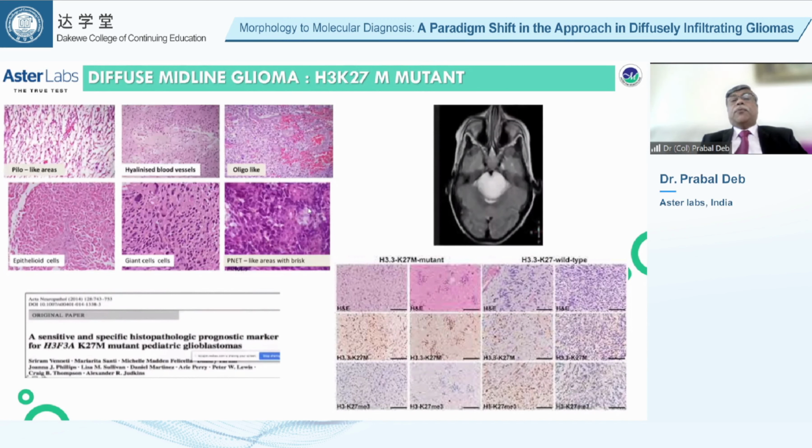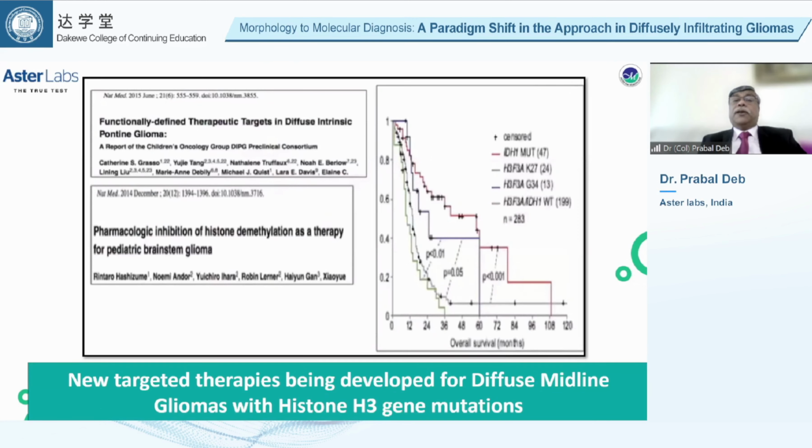All these varied morphologies have one thing in common: they are located in the midline region. So midline gliomas need to be assessed using H3K27 mutant markers, and with simple immunohistochemistry they can be assessed quite reliably in a routine diagnostic lab.